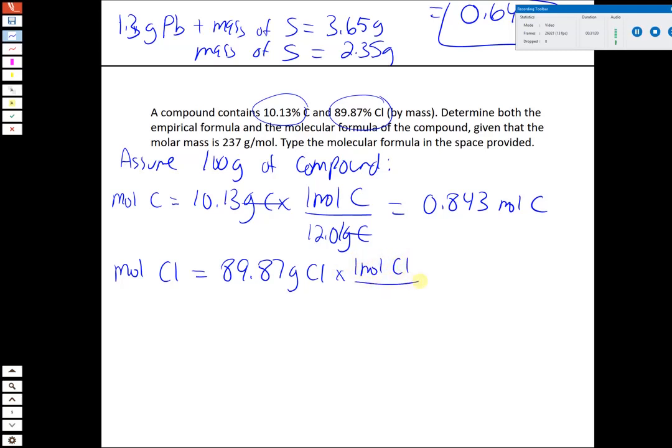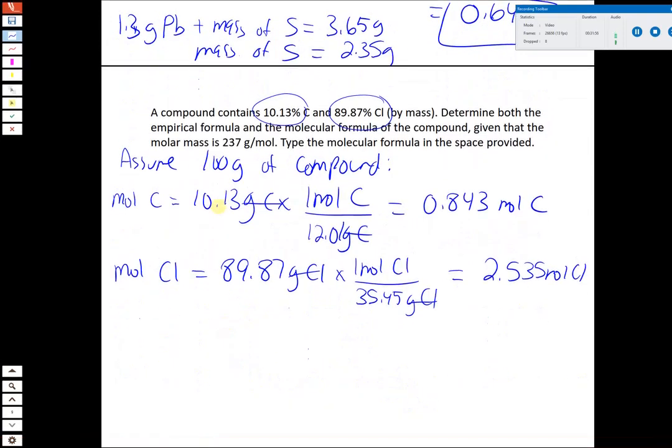And then from the periodic table, the atomic mass of chlorine is 35.45. And so when we divide those two, we get 2.535 moles of chlorine.